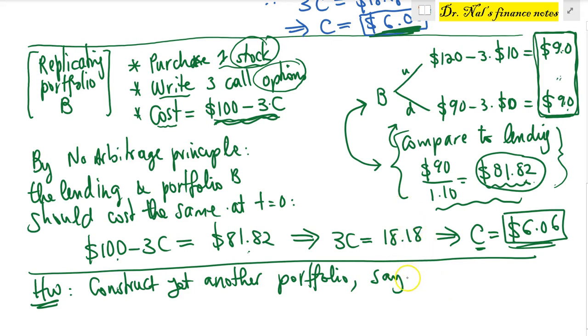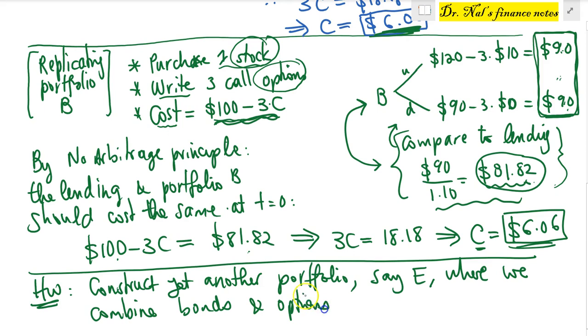So say E. E is good, where we combine bonds, borrowing or lending, and options to replicate the stock. And this is possible as well. And from that, you should be able to get the same call price as well.